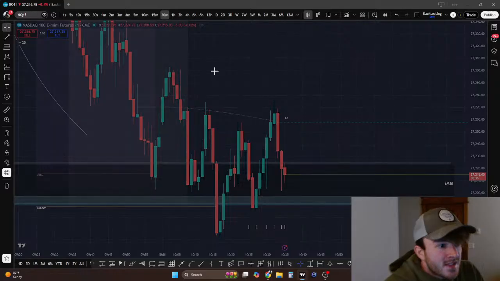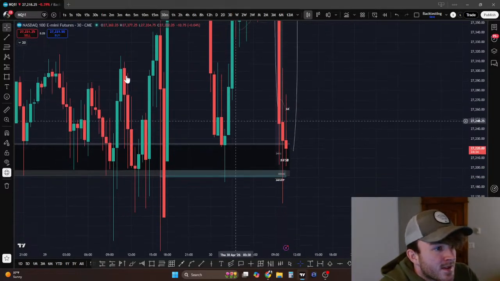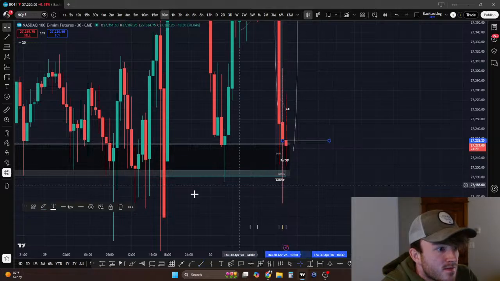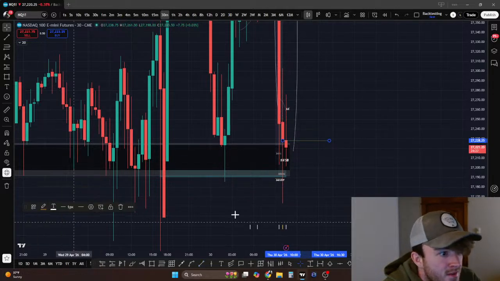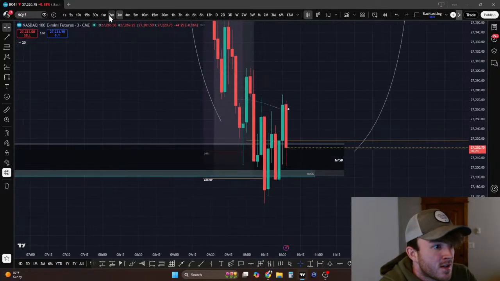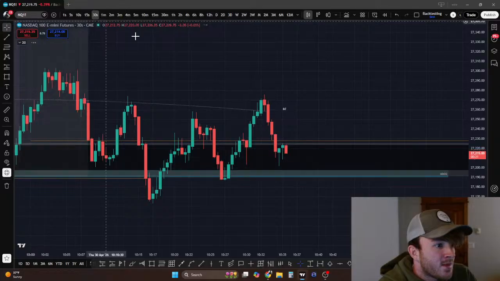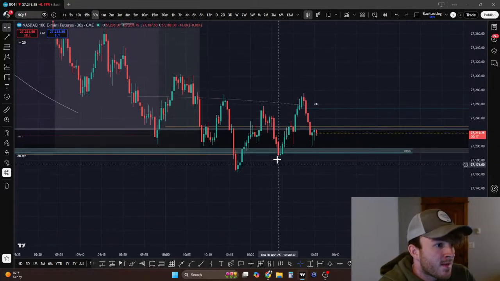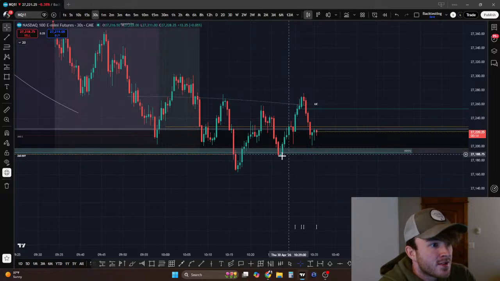Where's that 30-minute CRT candle? Right, so 30-minute CRT candle's right here. So kind of looking for below this is our optimal entry, somewhere within here. Obviously, I kind of want to get our entry at 1052, but I don't know if that's going to happen. It might end up being an inducement of this low.